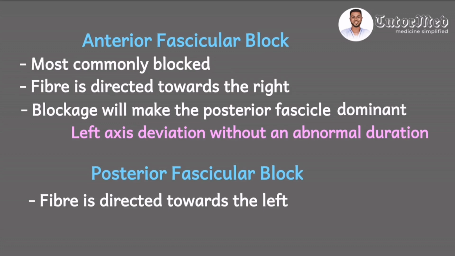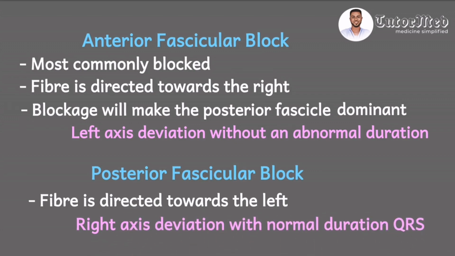And this will show on the ECG as right axis deviation without an abnormal duration QRS complex, or in other words, with a normal duration QRS complex. And so please note that left axis deviation with a normal QRS complex might indicate anterior fascicular block, while right axis deviation with a normal QRS duration would indicate a posterior fascicular block.